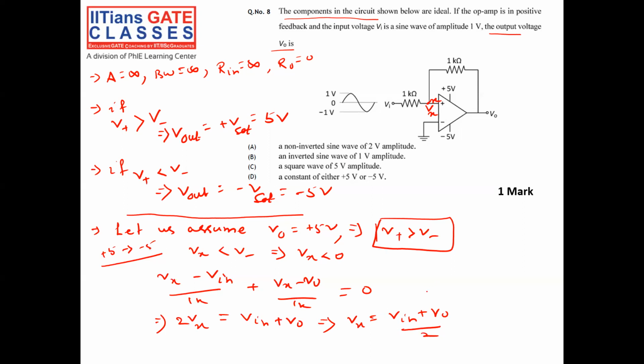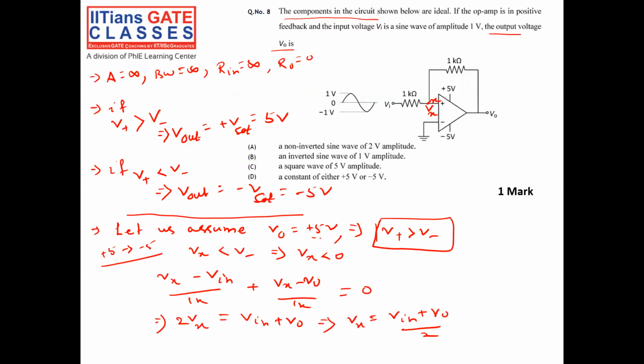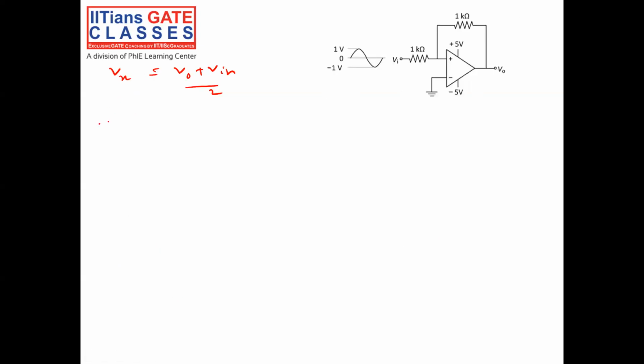So let's go to the next page. Vx is equal to (V0 plus Vin) by 2. Now my output is plus 5 volt and it will change to minus 5 volt at what point? It changes to minus 5 volt when Vx is less than 0, that is, V positive is less than V negative.